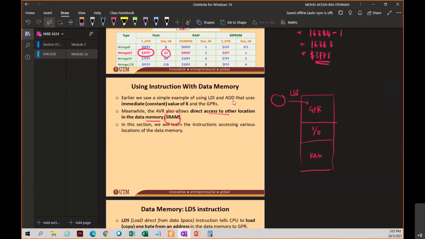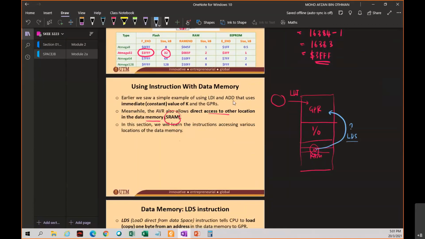But let's say lah value tu ada dalam RAM. Okay, that value inside of the RAM, kamu nak masukkan dia ke dalam GPR. How to do that? Okay, so in this case here, we need to use the LDS instruction. Okay, daripada RAM kepada GPR, we use the LDS instruction.